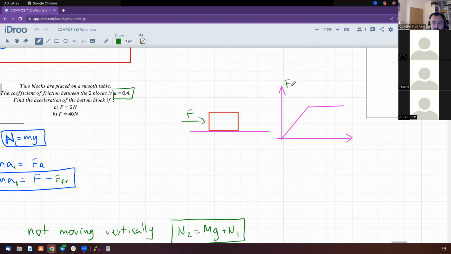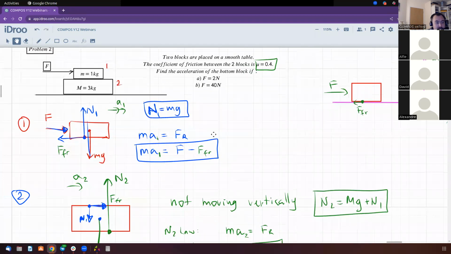This is the friction force, and this is the pushing force. It has a maximum value of mu N. So friction increases and then levels off. This is what happens here.